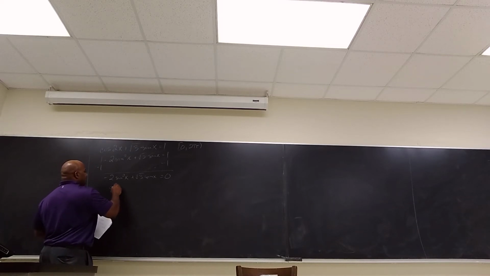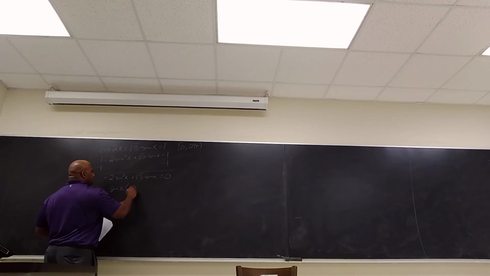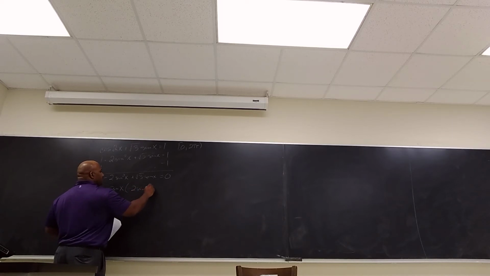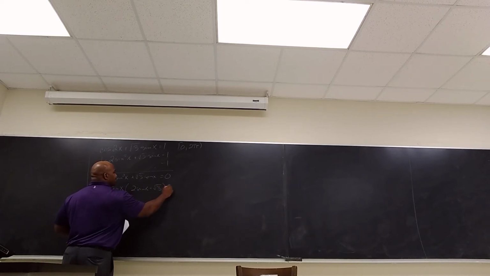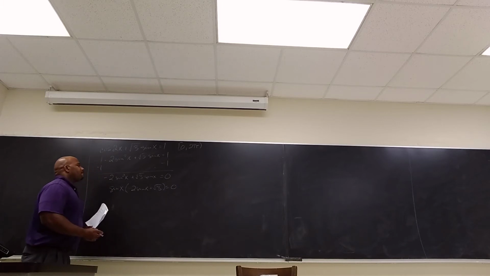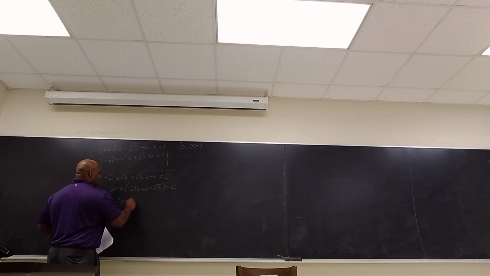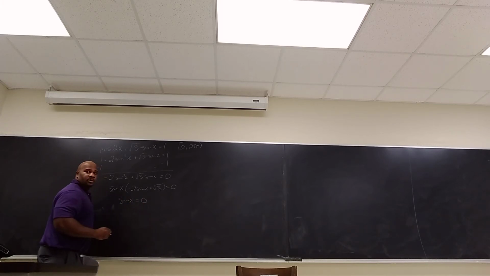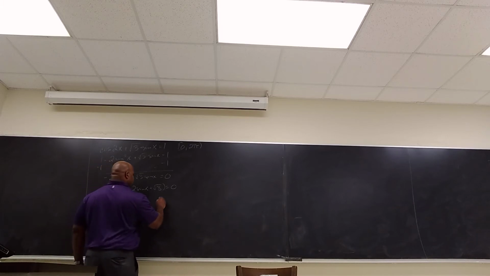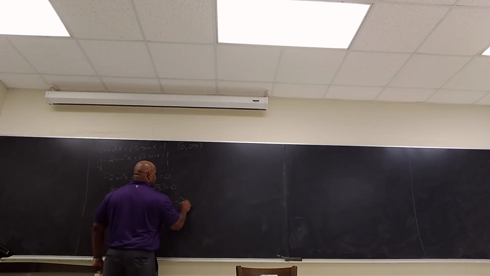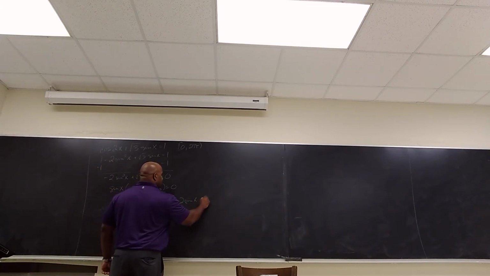So now I have sine x times negative 2 sine x plus square root of 3 equals 0. And then now I have my zero product property, which means I can say sine x equals 0 or negative 2 sine x plus square root of 3 equals 0.